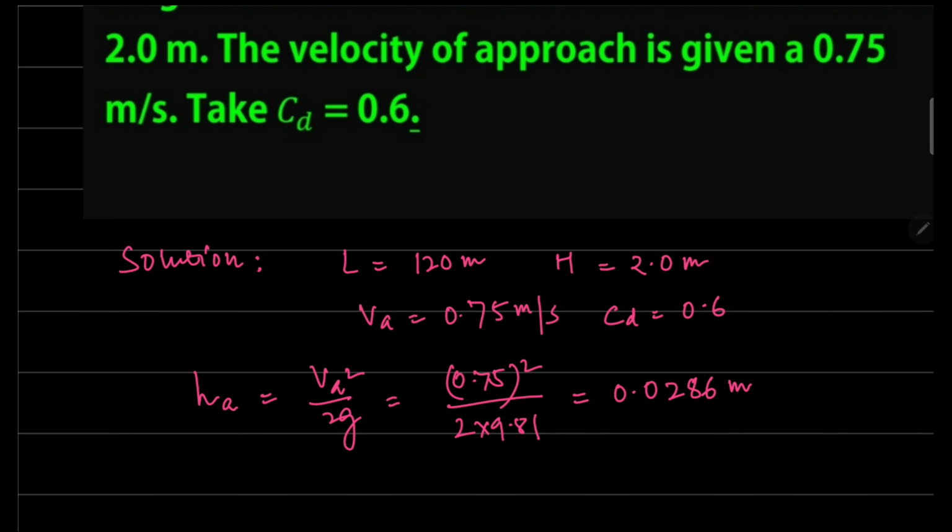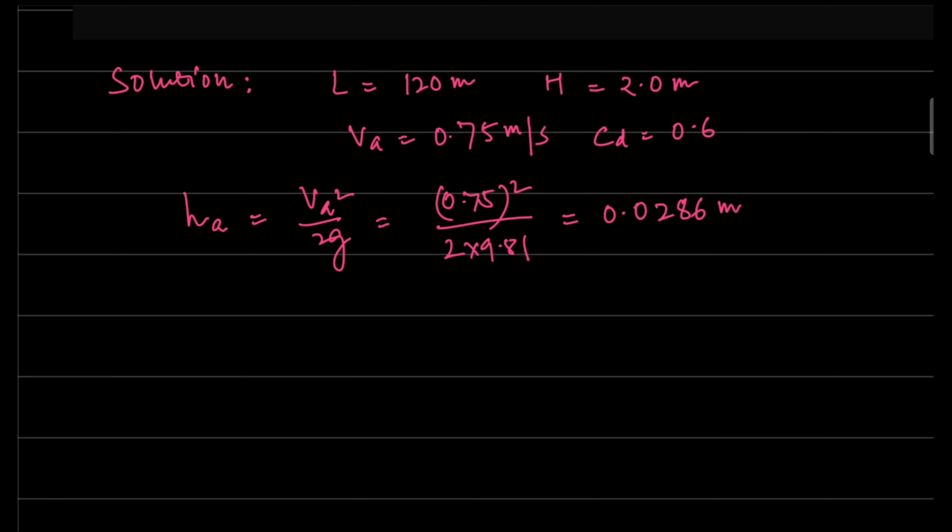0.0286 meter. Now once HA value is available to us, we can simply put the HA value in the expression of the discharge over a rectangular weir due to the velocity of approach, and that can be written as Q is equal to 2 by 3 CD multiplied by L multiplied by under root 2G, and in brackets this is H plus HA.